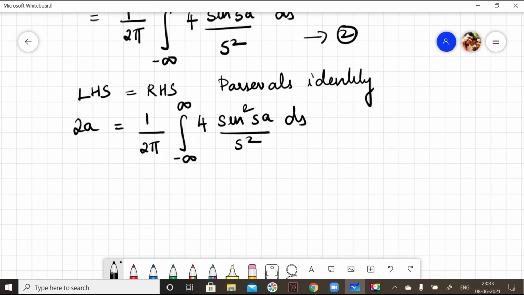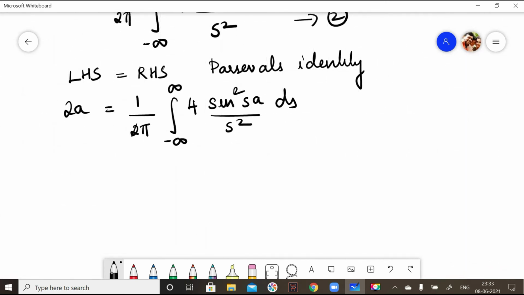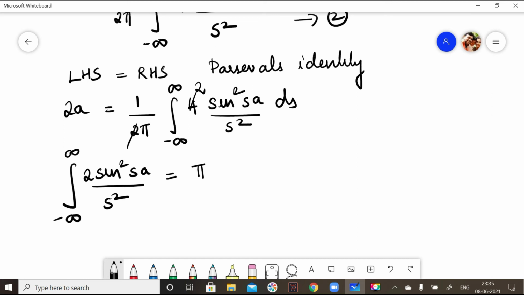Now let's simplify this. This 2 and this 2 get cancelled. Let us simplify further: integral minus infinity to infinity 2 sin square sa by s square is equal to pi into a times 2a.